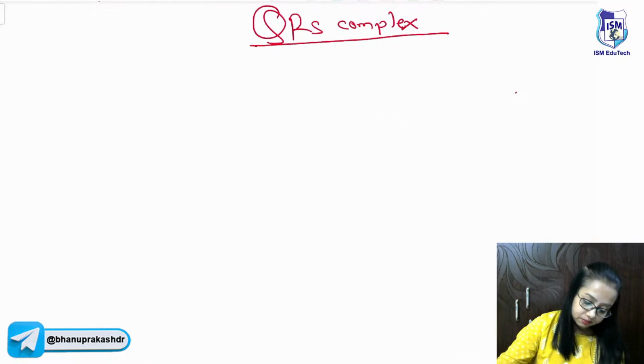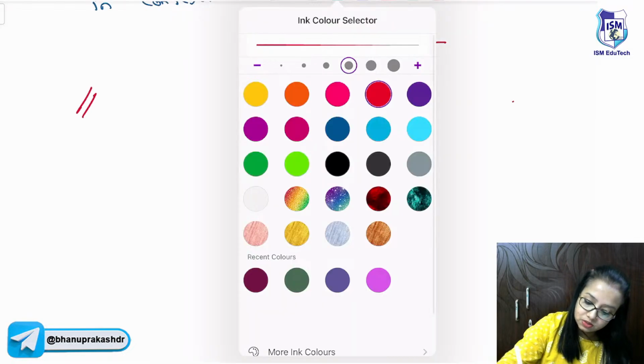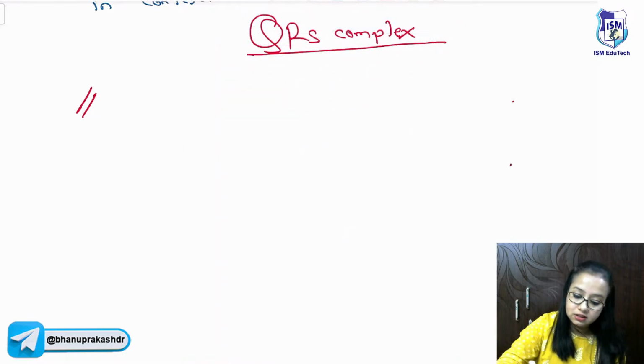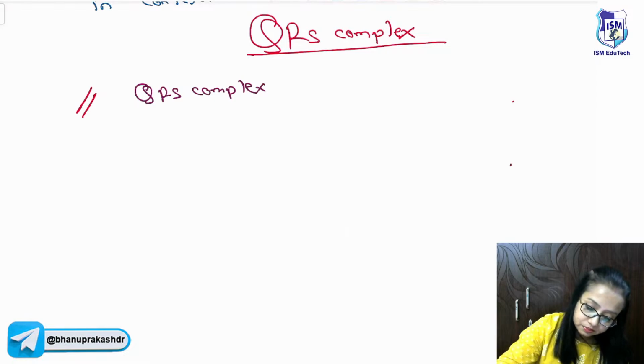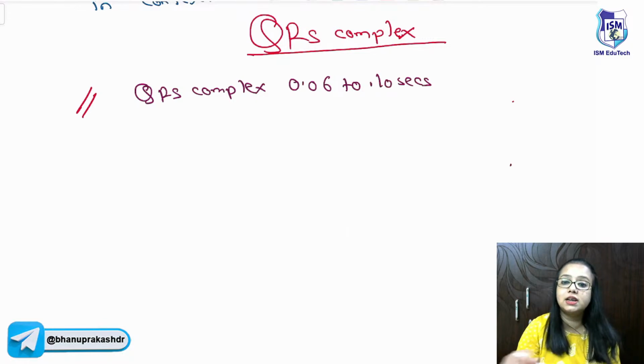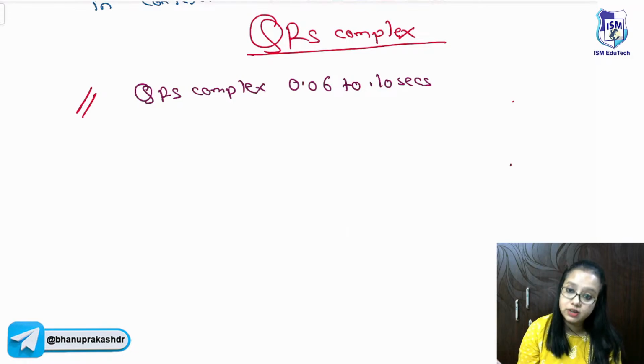So what is the QRS complex? This QRS complex is like studying the entire depolarization of the ventricle together. This QRS complex, the depolarization of the ventricle, is about 0.06 to 0.10 seconds on the time scale, that is on the horizontal scale, that is the width of it.